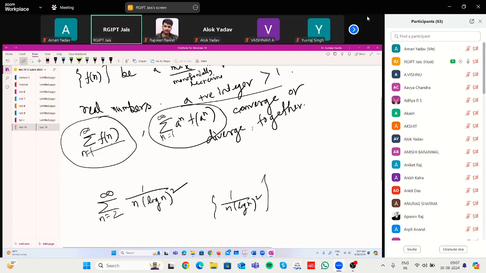That you have to show first. And you have to take one positive integer a greater than 1. Then you can show whether that can be proved or not.